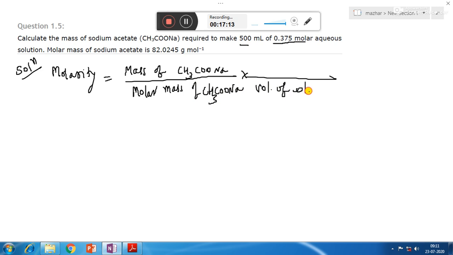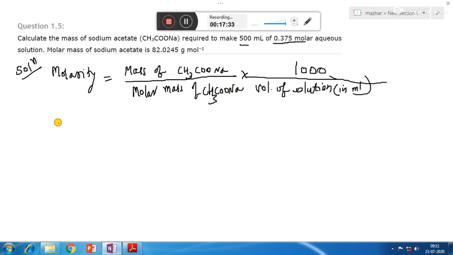So in the denominator volume of solution is in ml. So that means in the numerator we have to multiply with 1000. So the equation of molarity equals mass of sodium acetate upon molar mass of sodium acetate into 1000 upon volume of solution in ml.